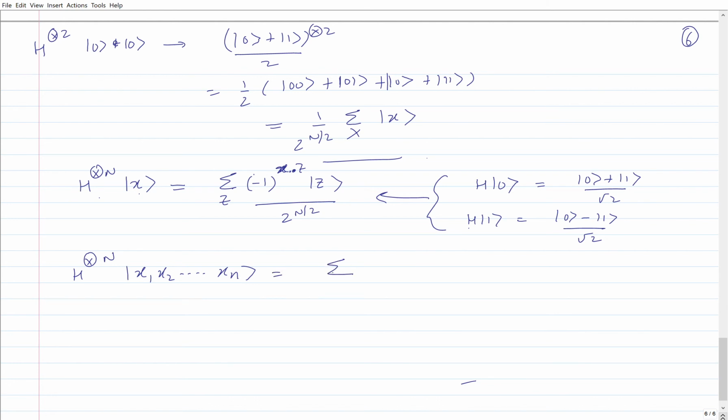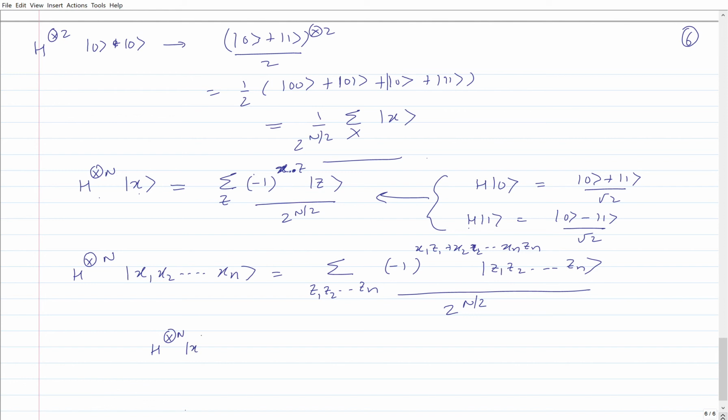That's going to give me a summation over z1, z2, zn, of minus 1 to the power of x1 z1 plus x2 z2 plus xn zn, z1, z2, zn, divided by this guy, again tensor n.